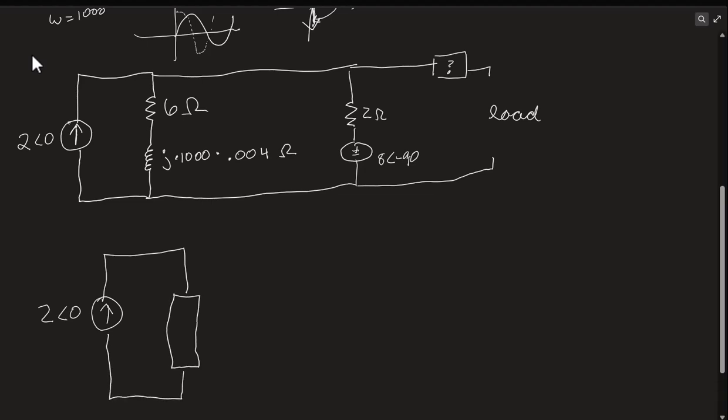So we can replace this with one impedance. 1,000 times 0.004 is just 4. So this would be 6 plus j4 ohms.